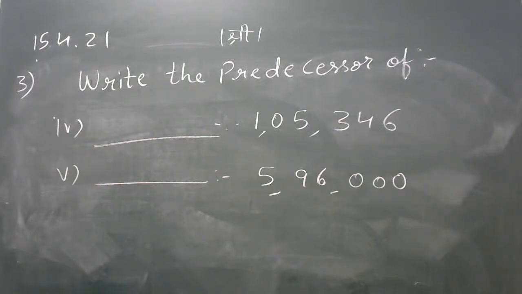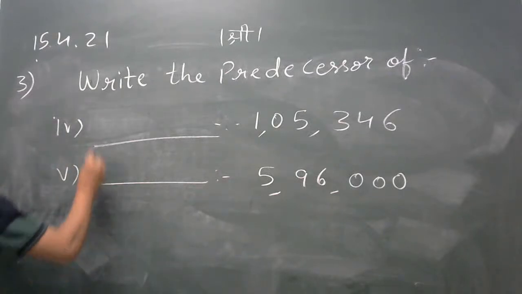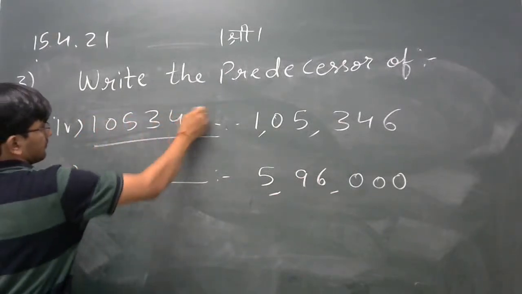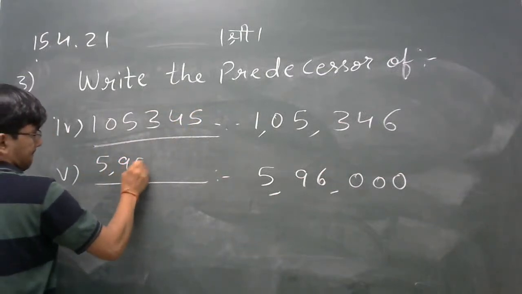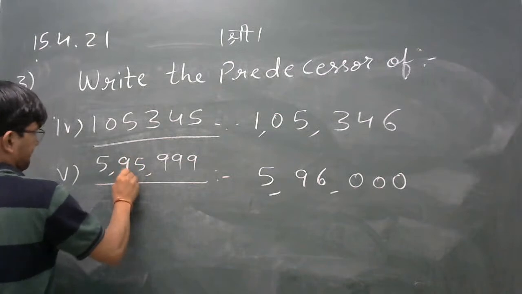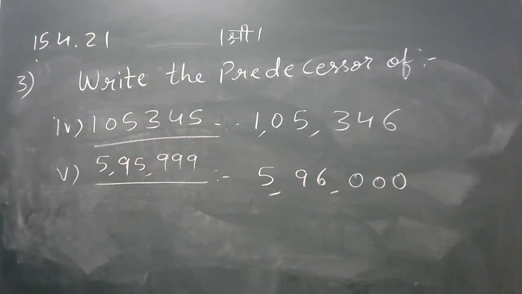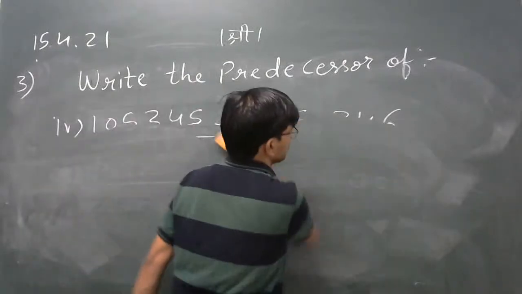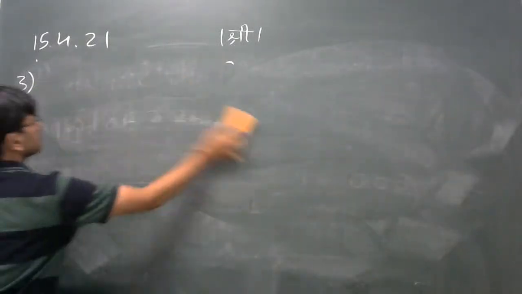95,999. Very good. So here in the predecessors, we have seen up to lakh places.